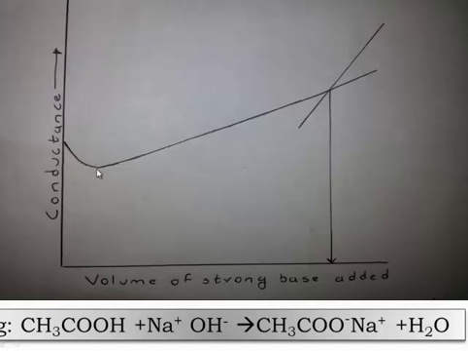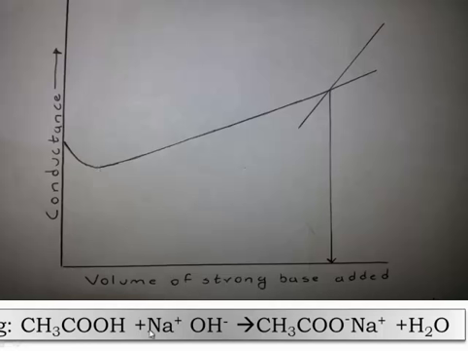This is because when NaOH is added from the burette, sodium acetate salt is formed in the solution, and as a consequence, this sodium acetate, being a strong electrolyte, will suppress the dissociation of acetic acid, which is a weak electrolyte. And since its dissociation is suppressed, the conductance is initially going to fall.